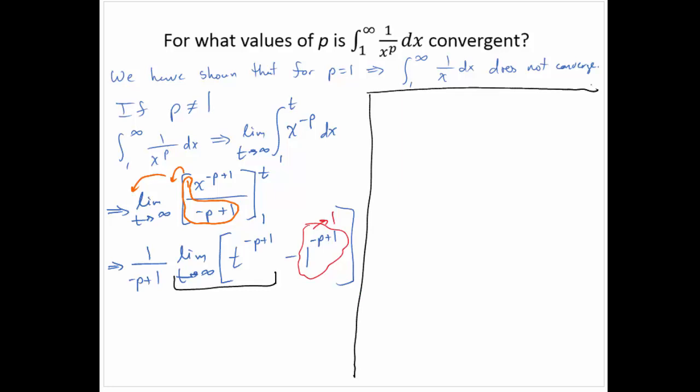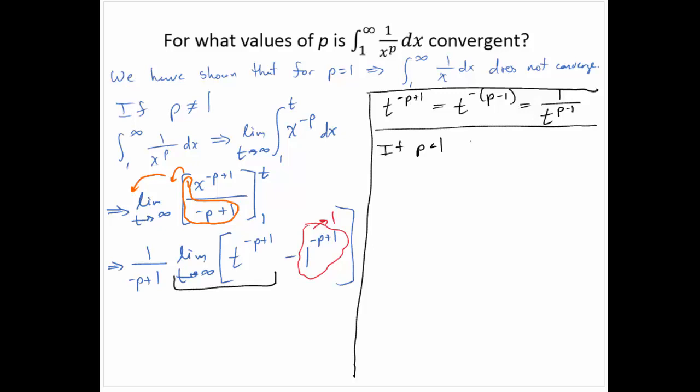All right, so let's consider that. Notice that I can write t to the negative p plus 1 as t to the negative quantity p minus 1. And so then I can think of this as 1 over t to the p minus 1. All right, so now I know that p is not 1. What if p is less than 1?